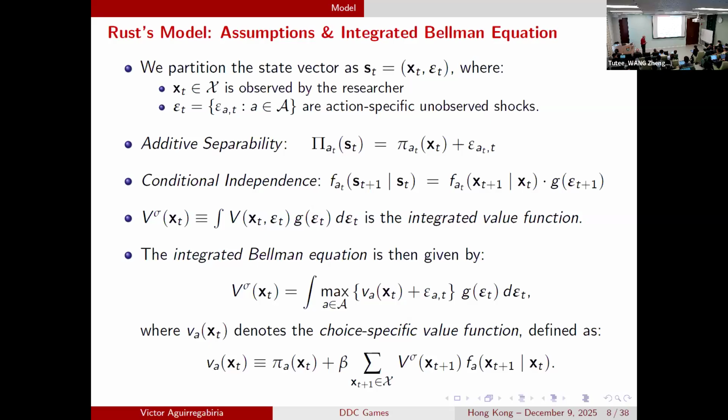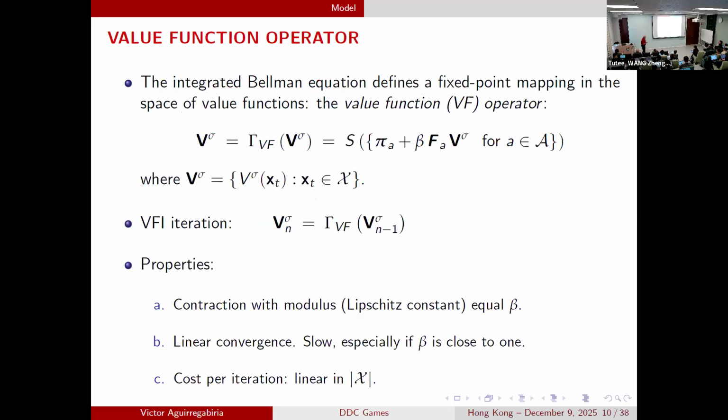We can define it in vector form by defining a vector of values for each possible value of x. Let me maintain the assumption that we have maintained through these lectures so far, until Newey's lecture, that x has discrete support.